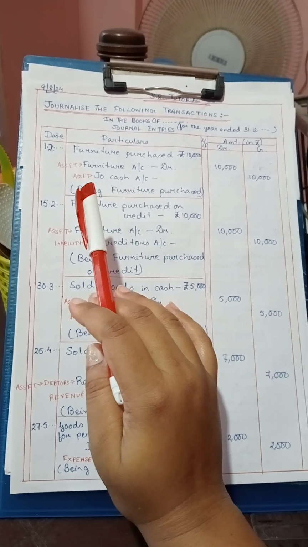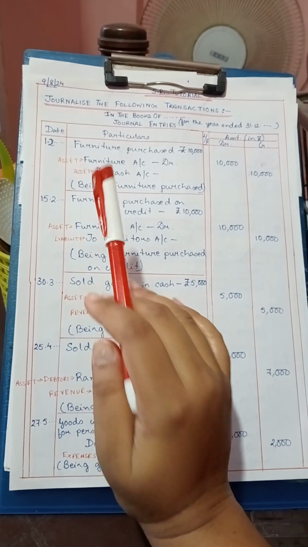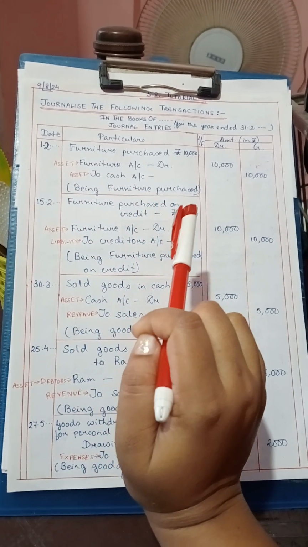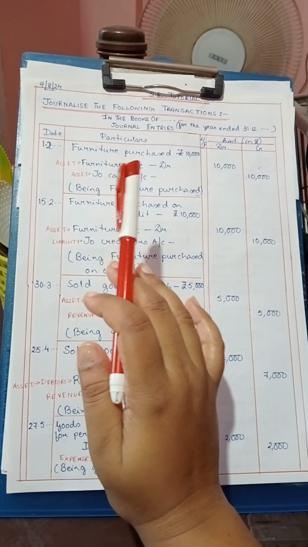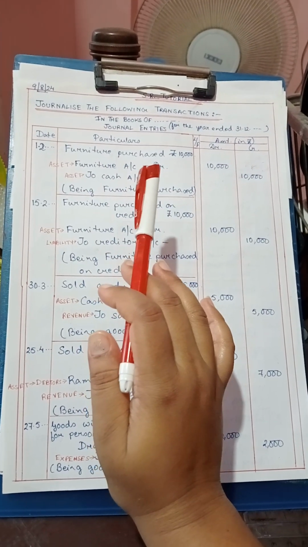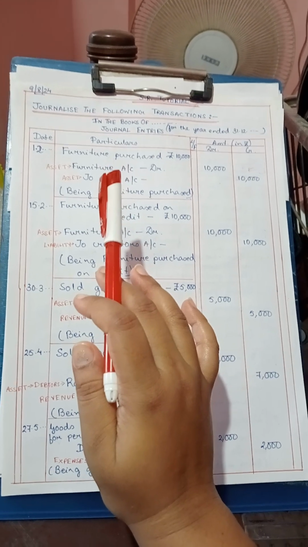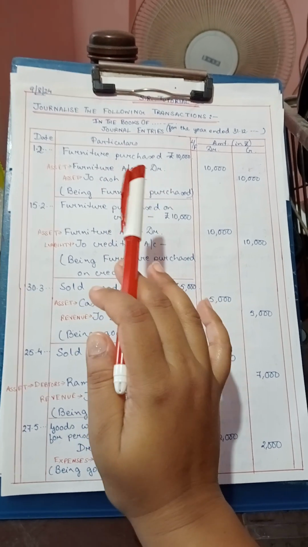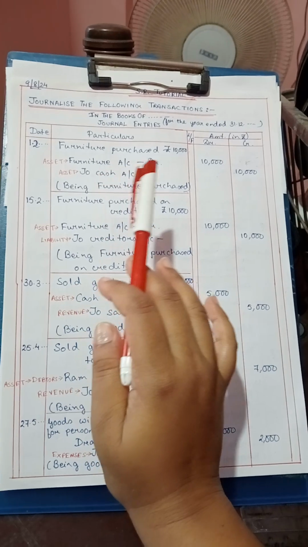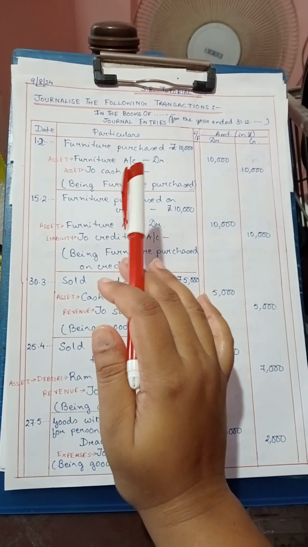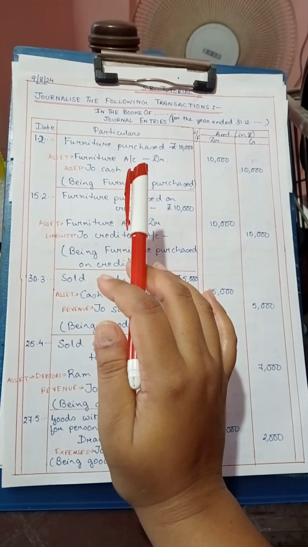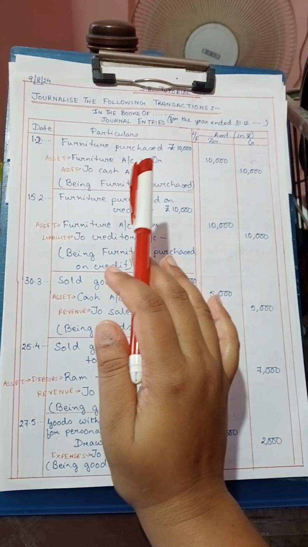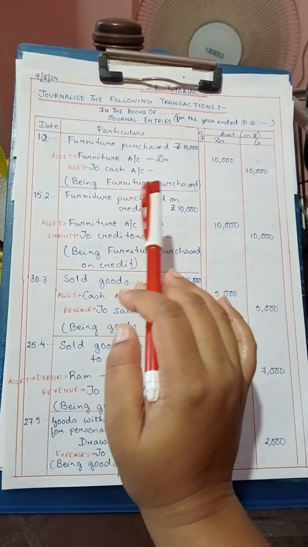So to cash account, both are assets, being furniture purchased, 10,000, 10,000. And since the word credit is not mentioned, or the name of the party from which furniture has been purchased is not mentioned, it has been considered as a cash transaction. So to cash account.